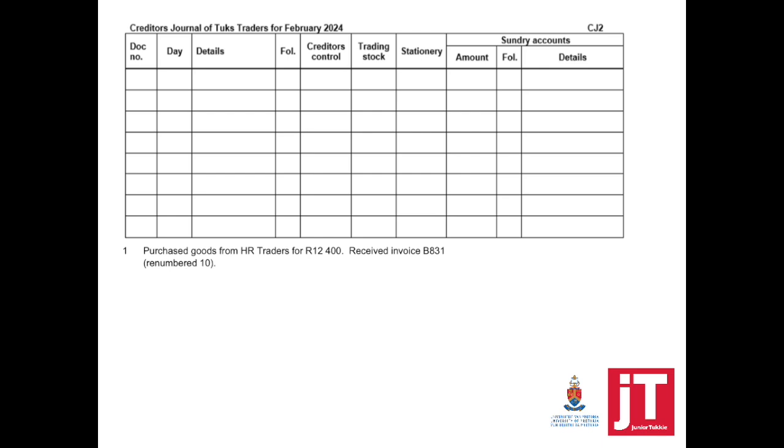Transaction number 1, purchase goods from HR Traders for 12,400, received invoice B831, renumbered number 10. So the only source document that will go into a creditors journal is an invoice. So I'm going to write that once and then we write the number 10, because we've renumbered it.